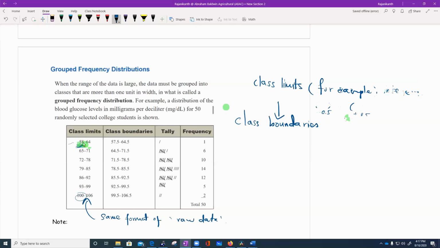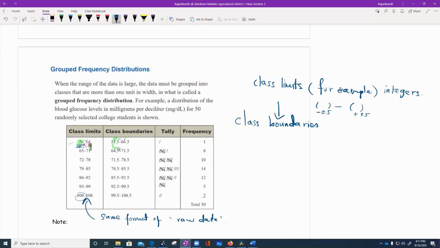One is called the upper and the other the lower, right? The biggest is upper and the smallest is lower. So you have to subtract 0.5 from the lower class limit, and you have to add 0.5 to your upper class limit to get the boundaries.